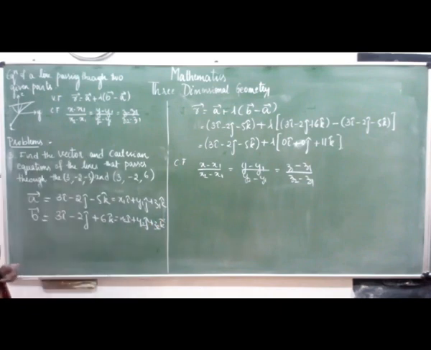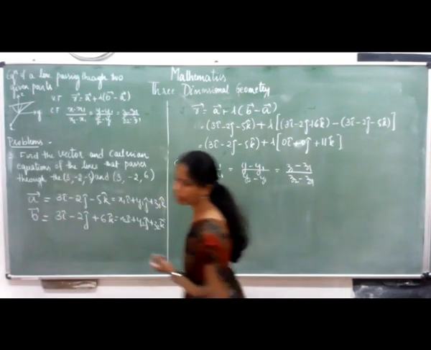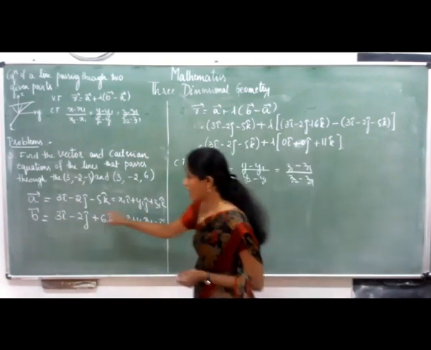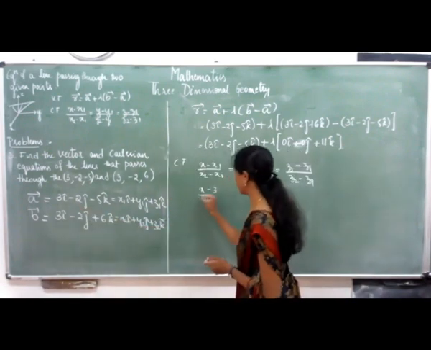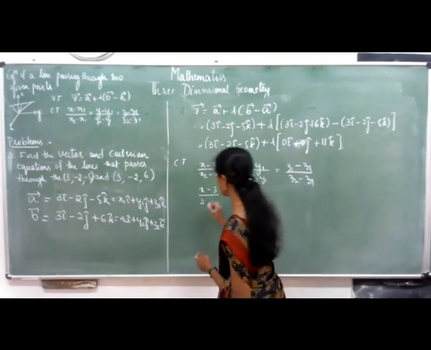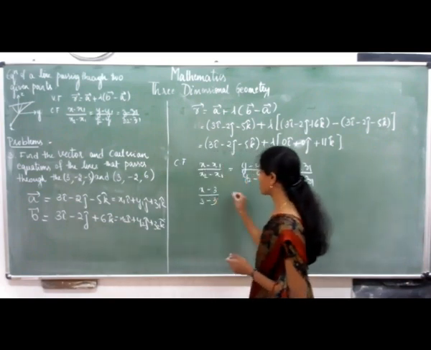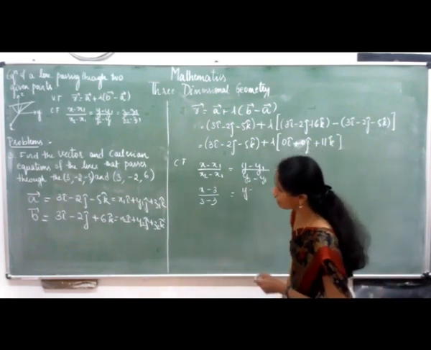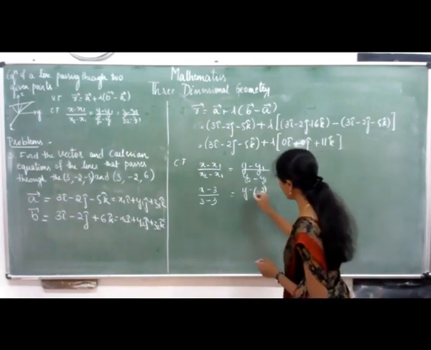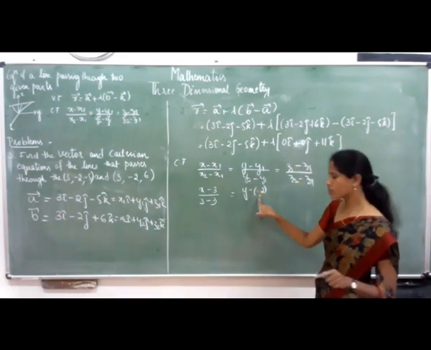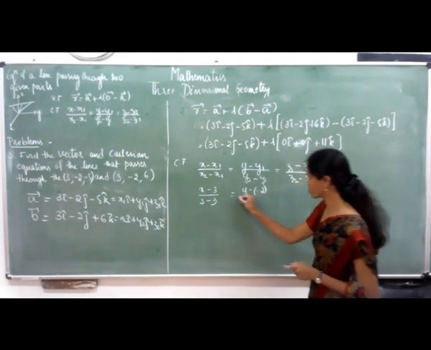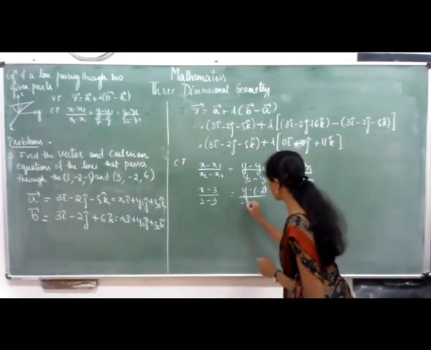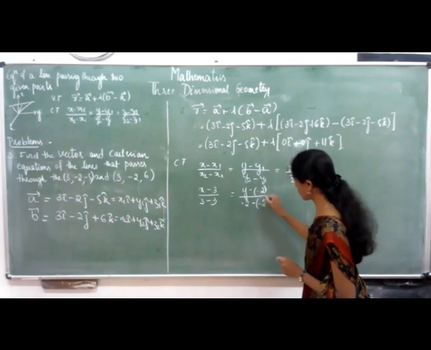Now compare and write the values of x1, y1, z1 and x2, y2, z2. So x minus x1, which is 3, divided by x2, which is 3 again, minus x1, which is 3. So this is equal to y minus y1, where the value of y1 is minus 2, so y minus of minus 2, divided by y2, which is again minus 2, minus y1, which is minus 2.